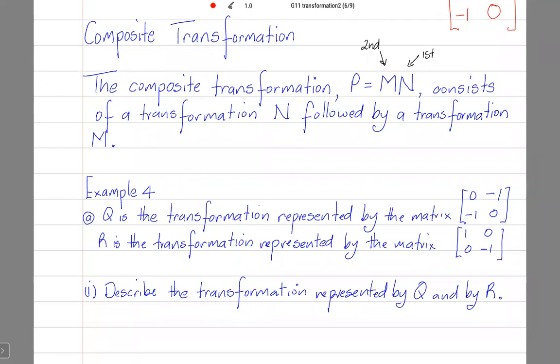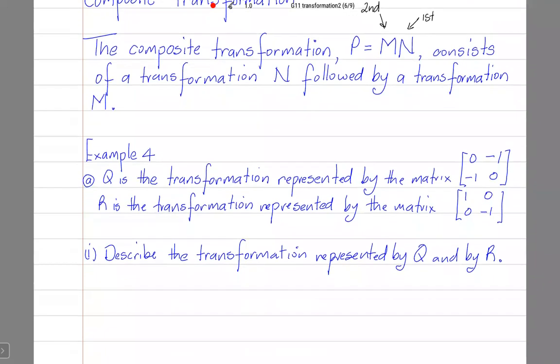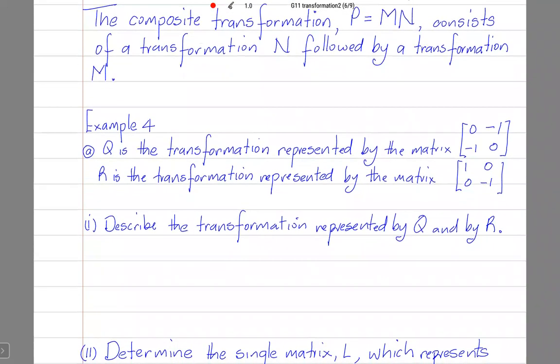Let's have a look at example 4 quickly. Example 4 says Q is the transformation represented by the matrix 0, -1, -1, 0. I'm searching my mind now to try and remember which transformation that is.